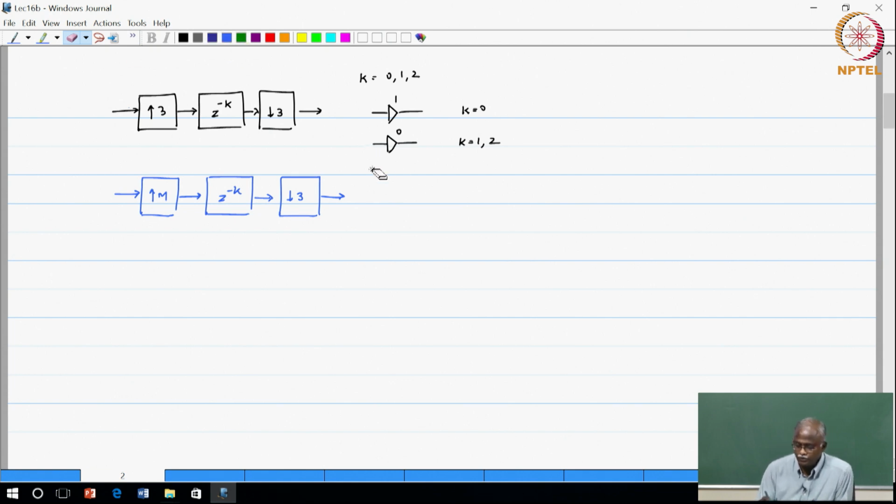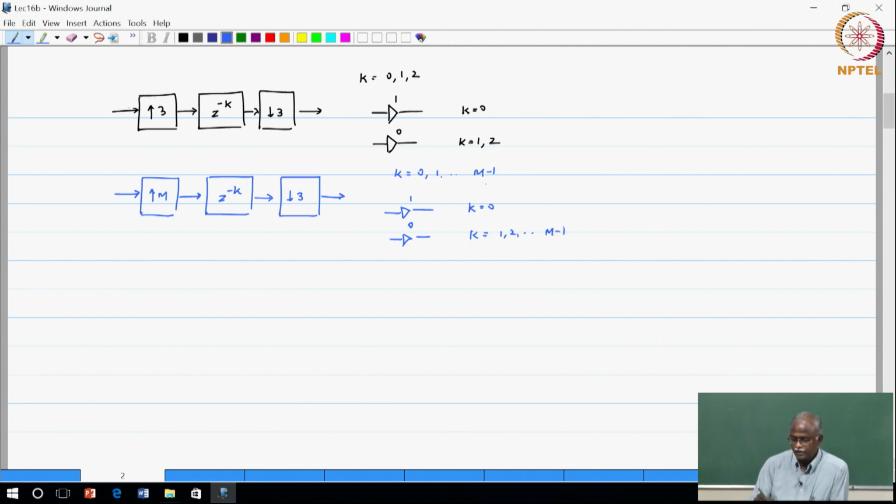Let me make it two separate cases so that we do not have confusion. So take the case where k equal to 0, 1 all the way to m minus 1.